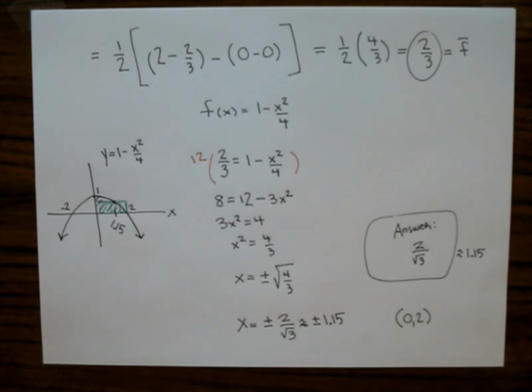But remember, what the mean value theorem says is there is a time within the time interval such that the average velocity in that time interval equals the instantaneous velocity at that time. And there could be more than one time in the time interval.